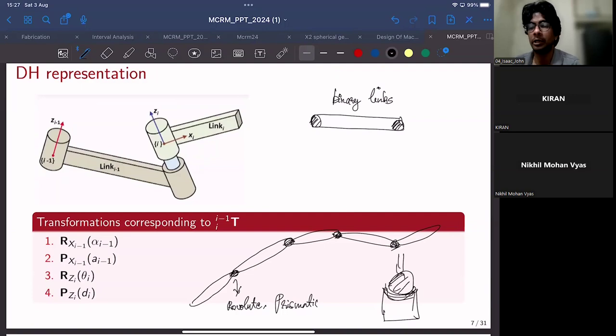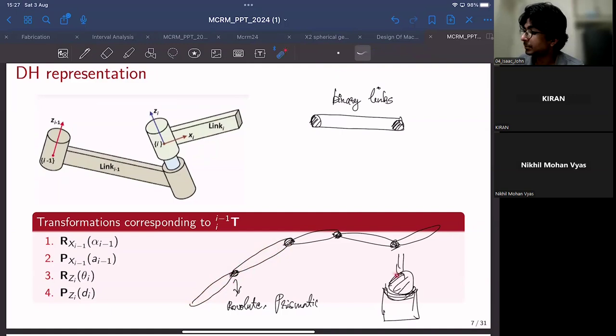two perpendicular axes. So the thing is, while kinematically modeling a serial robotic manipulator, we assume that the entire manipulator is made up of binary links, and each of these binary links is interconnected using single degree of freedom joints.